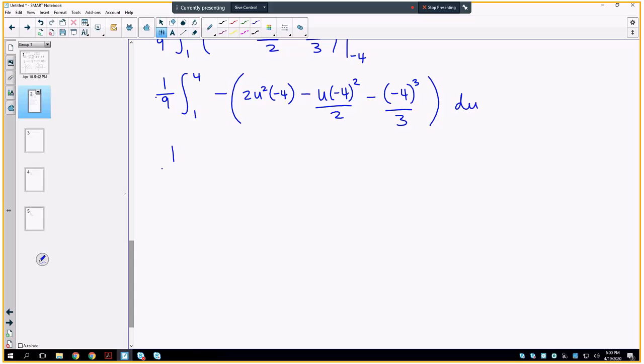So that's 1/9, integration 1 to 4. -4 times the negative outside is positive, so I get 8u squared. Then I have -4 squared, so that's 16. Divided by 2 is 8, so minus 8u. And then -4 cubed is -64. I multiply by another negative, I get positive 64 over 3.